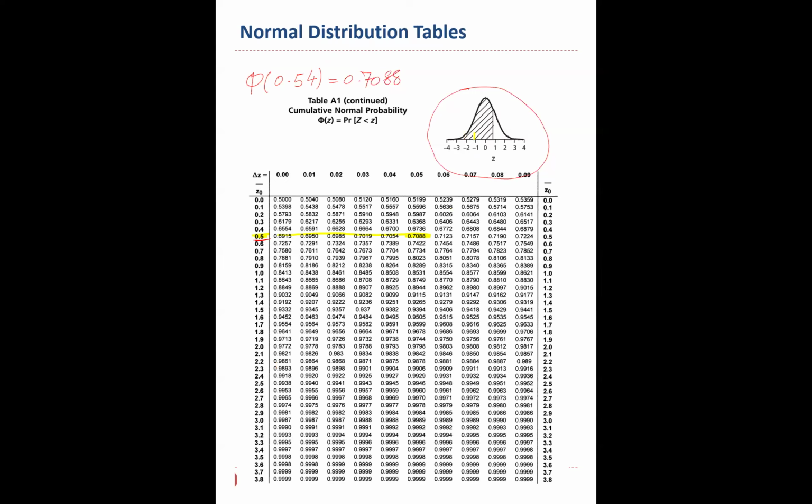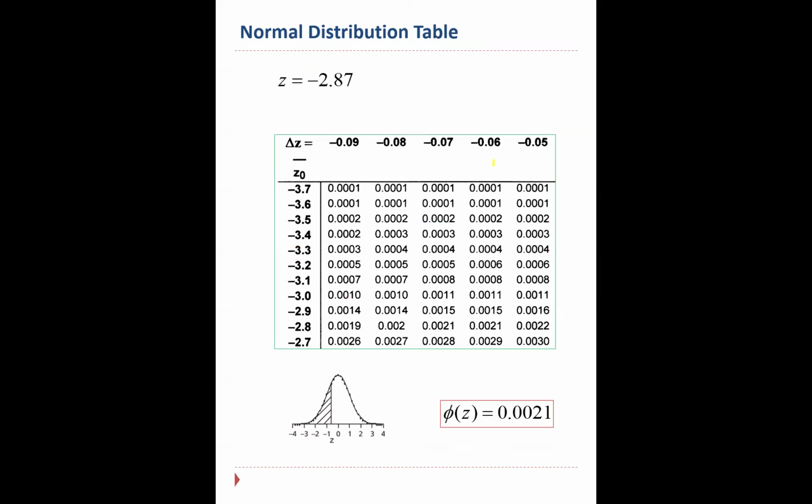It says that this table gives you the value of probability as the area under the curve from minus infinity to the z value. On the next slide, there are two further examples. For example, if the z value is minus 2.87, how do we figure it out? We have to see the corresponding table.